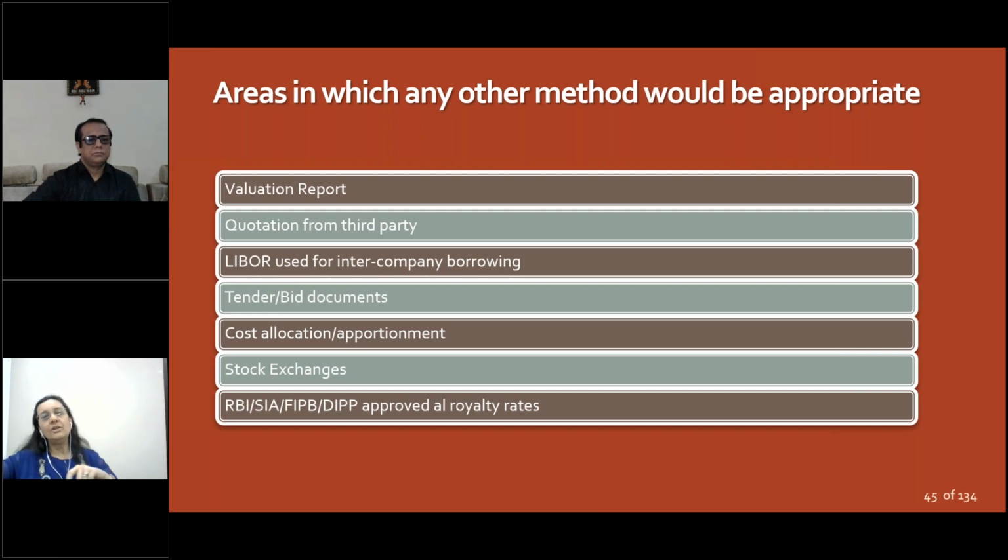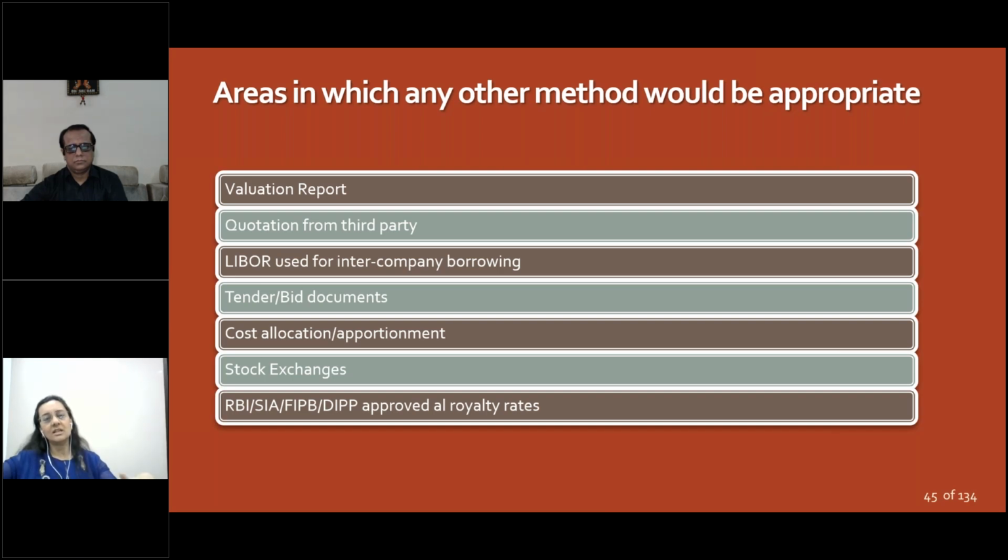If the key to allocate the cost or apportion the cost is the same across all entities, then that allocation key becomes an other method, because then that shows the price that would have been charged. Similarly, somebody had asked me whether prices on commodity exchanges and stock exchanges are allowed. Yes, they are allowed. They should fall under other method and not CUP, because they are not actual transactions.